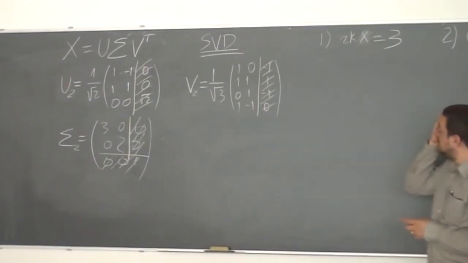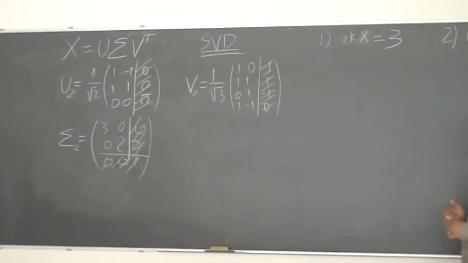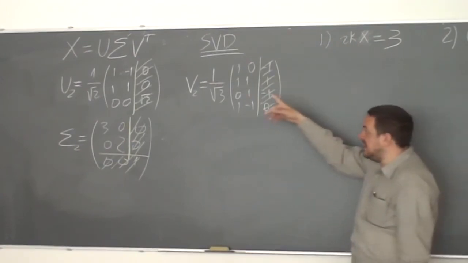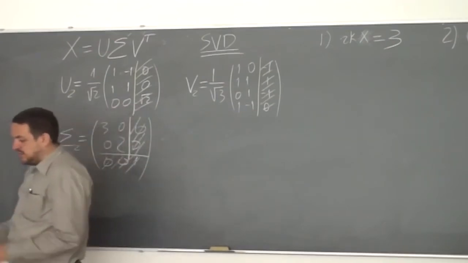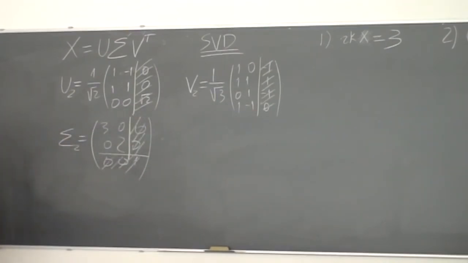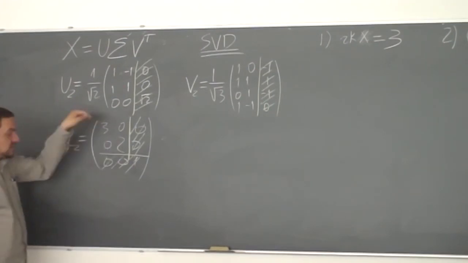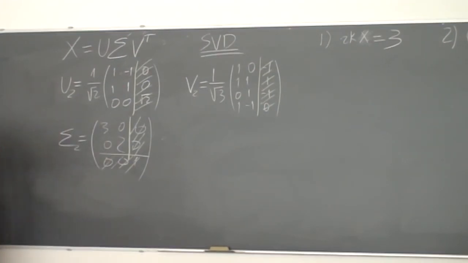In fact, it might as well have been the first question. Okay. So given that X is the representation of column document vectors, we have 4 documents in 3 dimensions.